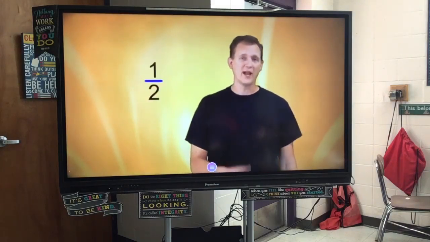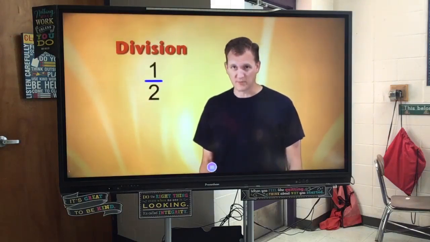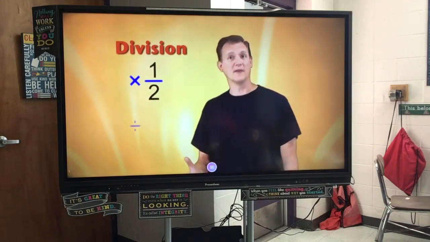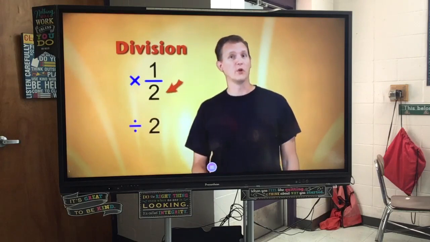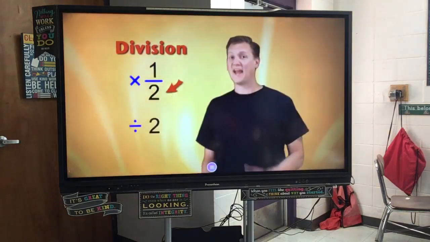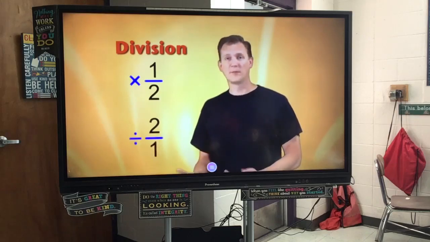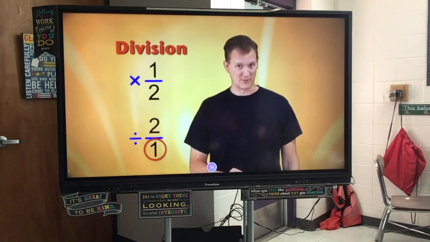This trick of multiplying by the reciprocal works because fractions are really just mini division problems. So when you multiply something by 1 over 2, it's the same as dividing by 2, since 2 is below the fraction's division line. And dividing by 2 is the same as dividing by 2 over 1, because you can turn any number into a fraction by just writing a 1 as the bottom number, right?